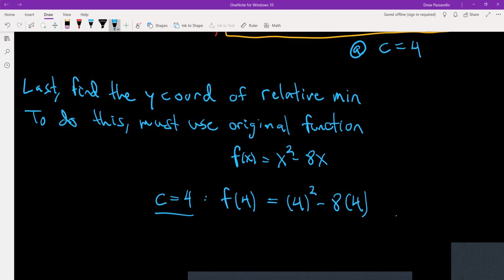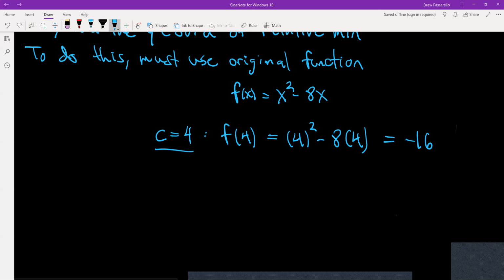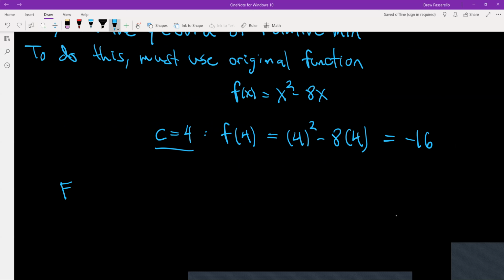So 4 squared is 16, 8 times 4 is 32, so you have 16 minus 32, which is negative 16. Now we've determined our answer.